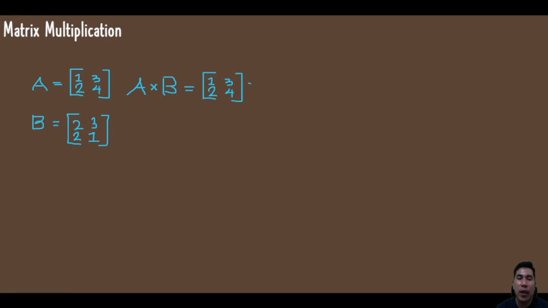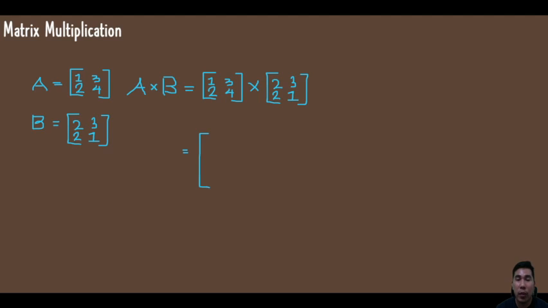In order to multiply them, we first take the first row of our first matrix, which is 1 and 3, and multiply it by the first column of our second matrix, B, whose elements are 2 and 2.